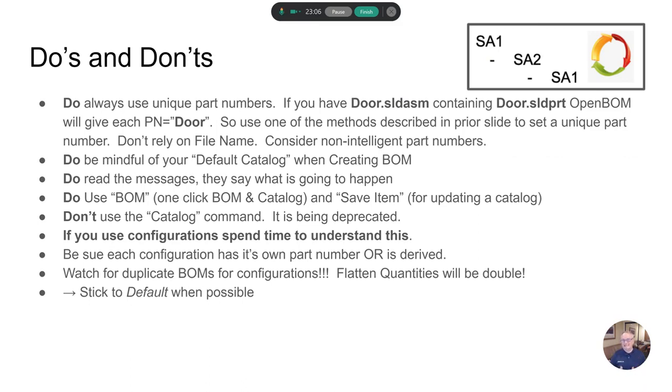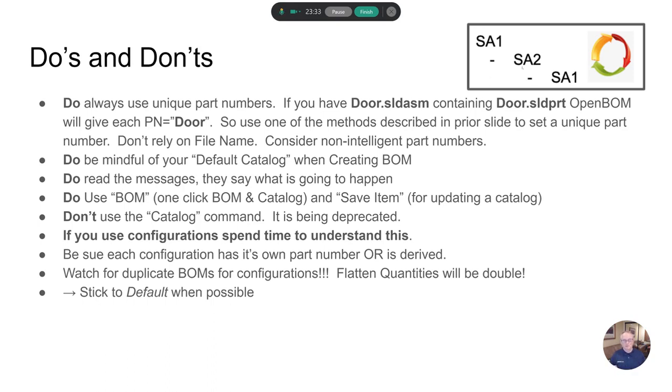It's very easy to do in SolidWorks, and let me tell you how. If you have door assembly calling door part, and you have set your configurations to get part number from file name, you're going to have two part numbers: door for the assembly and door for the part. And when door calls door, you're going to get a circular reference.